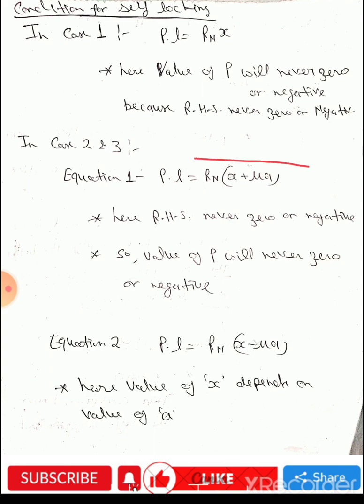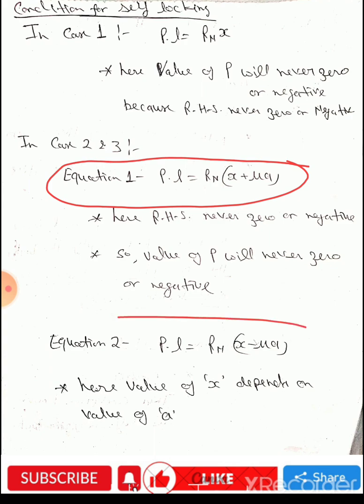The first equation is PL equal to Rn (x plus mu a), and the second equation is PL equal to Rn (x minus mu a).